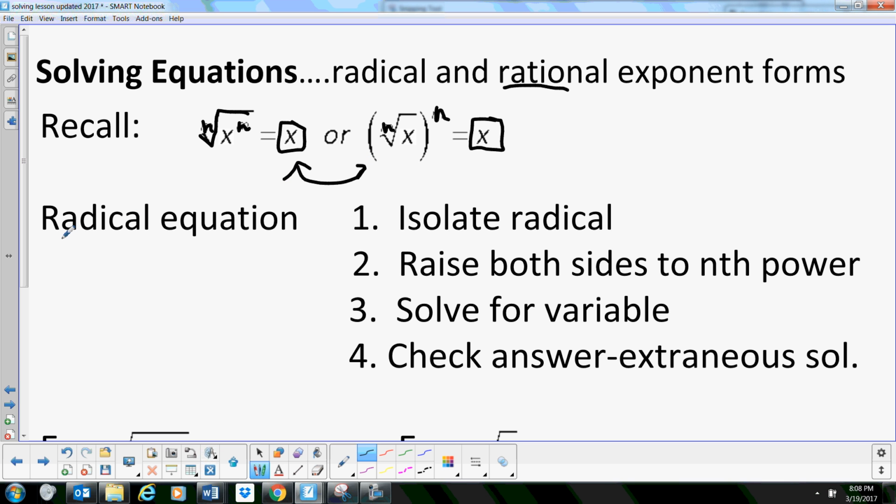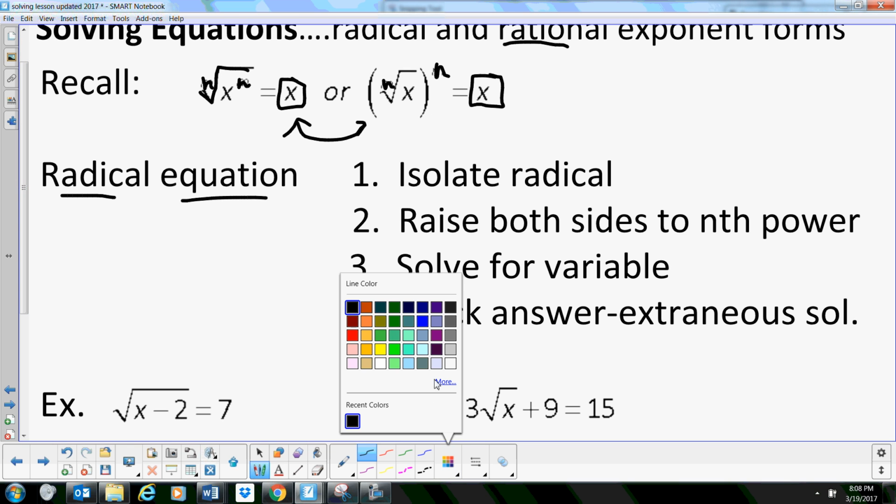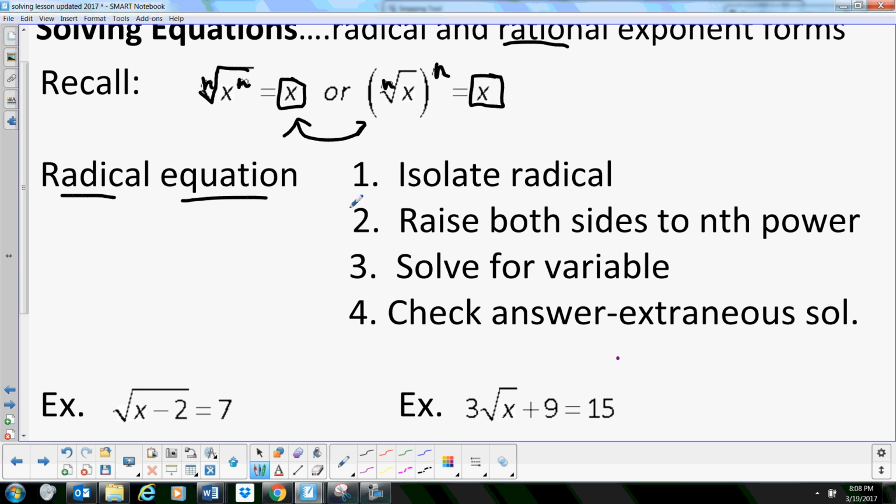Okay, so how do we solve a radical equation? There are kind of 4 steps to solve these, and these are the 4 steps. So I'm going to get another color pen here. First, you want to isolate the radical. You want to get it by itself on one side of the equal sign. Then you want to look at the power. So if it's just a square root, then the nth power we're going to raise it to is 2.